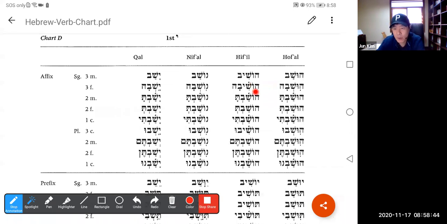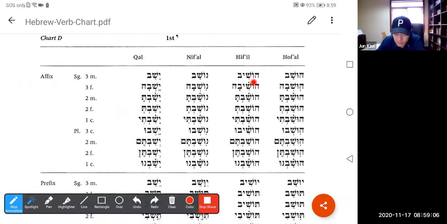Do you remember this? Holem plene is important. And even for the prefix form, as you can see, holem plene, or sometimes even holem defectiva can come as a defective writing. But it's important to remember holem plene is the indicator of first yod vav Hifil.